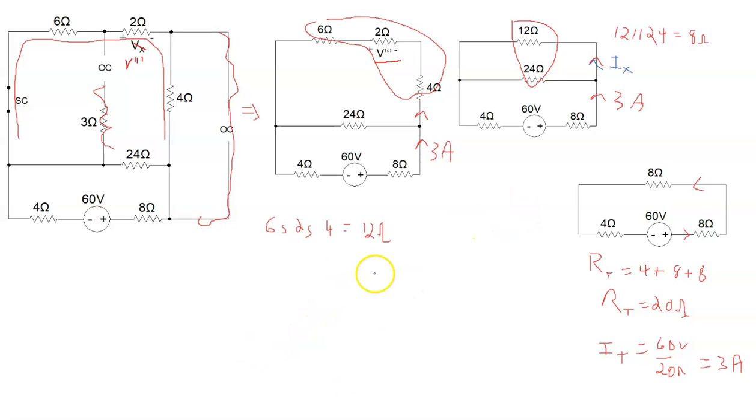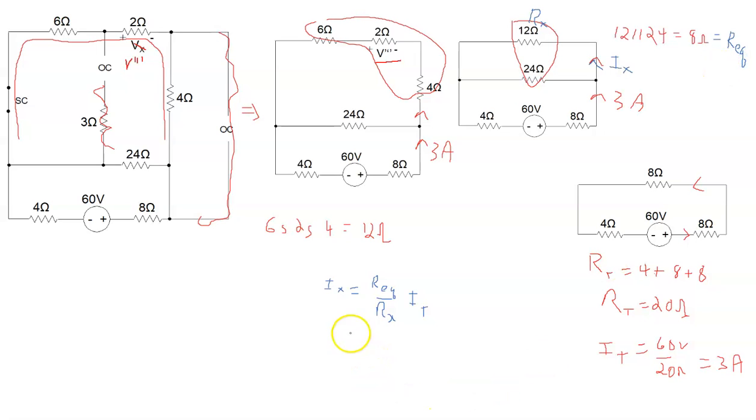And so let's say then that IX is equal to Req over Rx times IT. And this time, right, the 12 ohms is Rx, because that's the branch resistor we're trying to find, and Req is the 12 in parallel with 24, so this 8 ohms right here is Req.